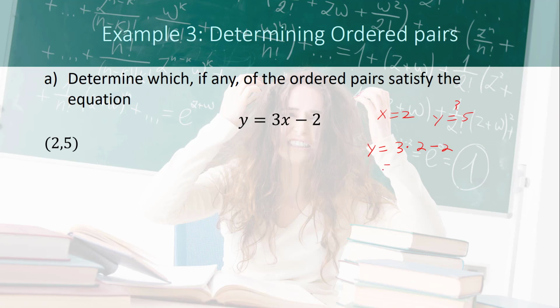Okay, well, 3 times 2 is 6, minus 2, and that's equal to 4. That means we have y is equal to 4. Okay, y is not equal to 5 in this particular case. As a consequence, this is not a solution to the equation.